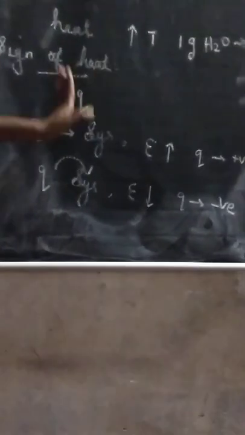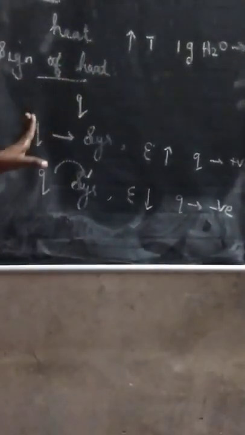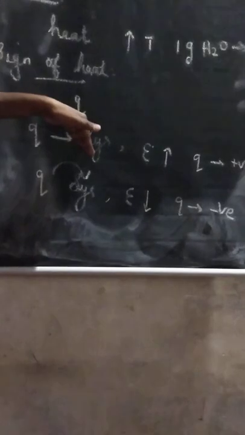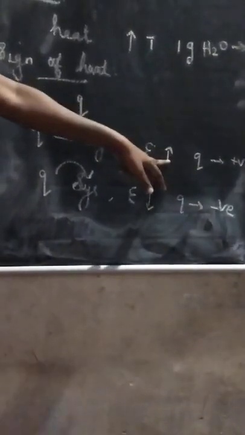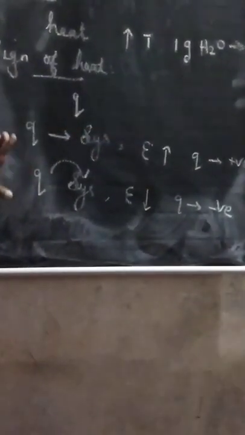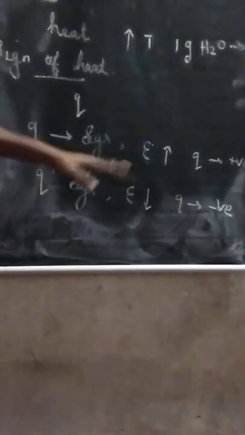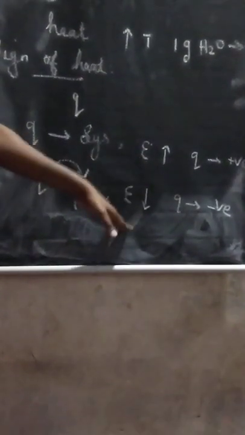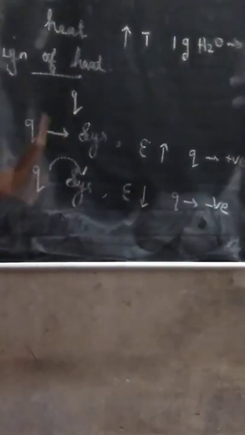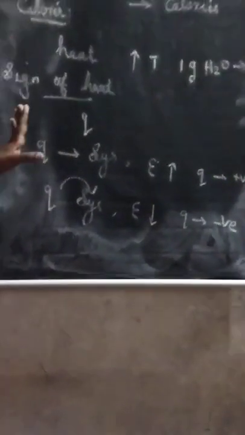At the same time, Q becomes negative. So listen, the symbol of heat is Q. If the heat flows into the system, energy of the system increases, heat becomes positive. If the heat flows out of the system, energy of the system decreases, heat becomes negative. Understand this? This is the topic heat.